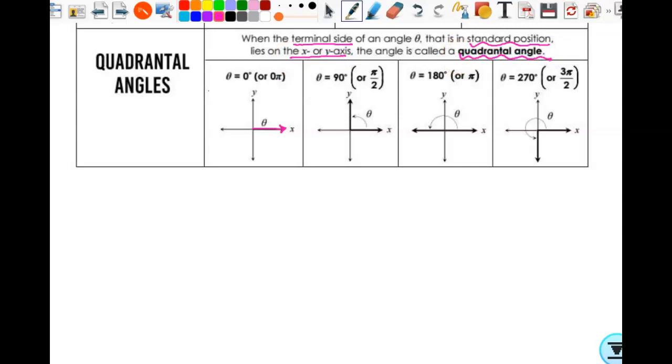So you have to not only say that it's quadrantal, but you also have to say where it landed, okay? So if I land here, whether it's 0 or it's 2 pi or it's 4 pi or 6 pi or whatever, if I land here, and I say what quadrant are we in? We're not. It's quadrantal, and we landed on the positive x-axis.